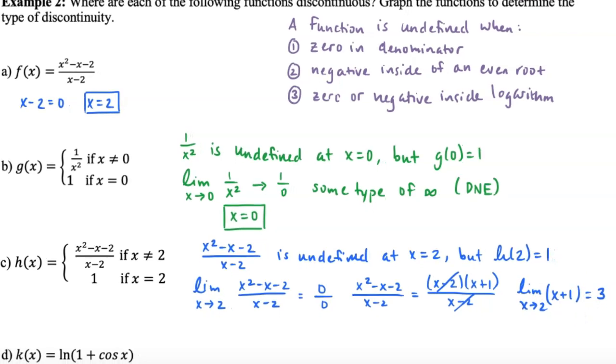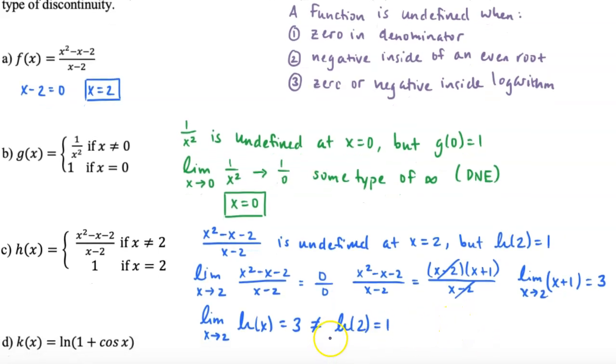And so finally, I just want to make sure that the limit of this function as x approaches 2 is equal to the actual value of this function, where x is equal to 2. So I saw that the limit, instead of writing out this function as x approaches 2, I'm just going to write that out as h of x. The limit as x approaches 2 of h of x we just found is 3. This is not equal to h of 2, which is equal to 1.